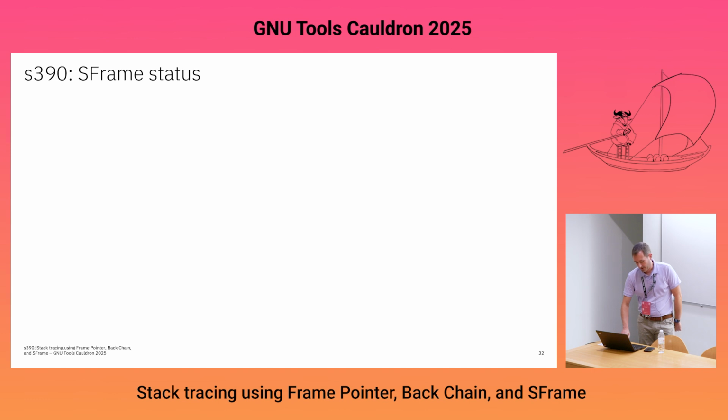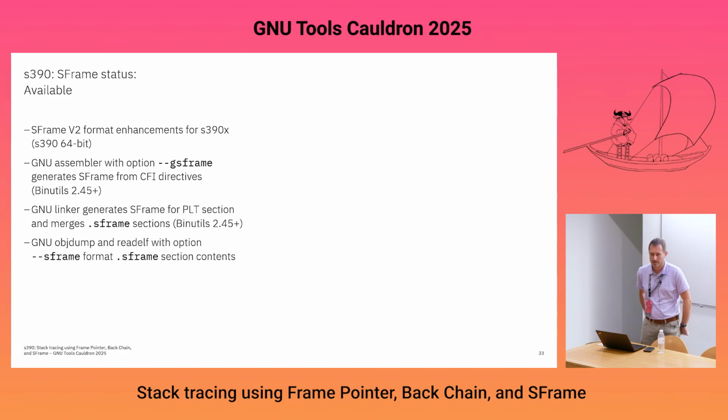Okay, so what's the status of SFrame on S390 right now? What is already available are those SFrame version 2, or version 2.5 as it is now called, format enhancements for S390. They are documented in the SFrame specification. Starting with Binutils 2.45, the GNU assembler with option --gsframe generates SFrame from CFI directives on S390.